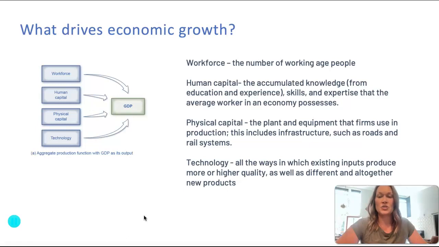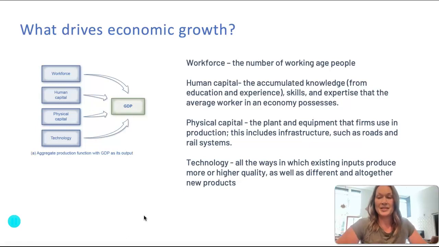So this has to do with infrastructure, like plant and equipment, roads, rail systems, those kinds of things, as opposed to the human aspect. So the higher quality of your physical capital, or the more physical capital you have, the faster the pace of economic growth. And finally, technology.